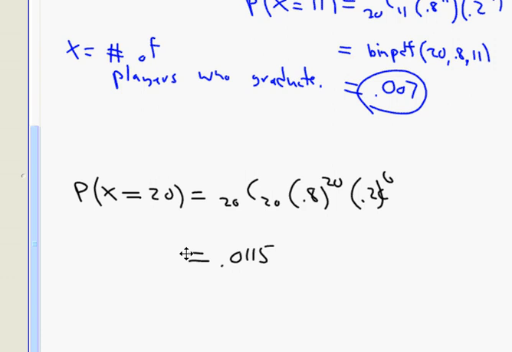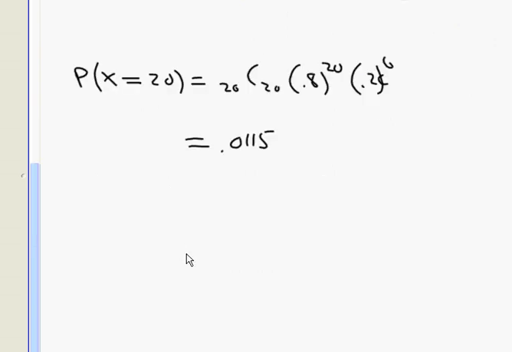And then the last question is, what's the probability that not all 20 of them graduate? It's hard to write that, but we can write it this way: the probability that x doesn't equal 20.